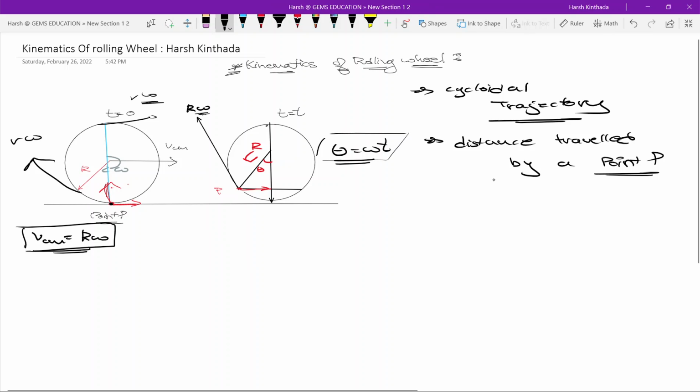At time t, the point P will reach somewhere over here. So let us assume this point P to be x, y.